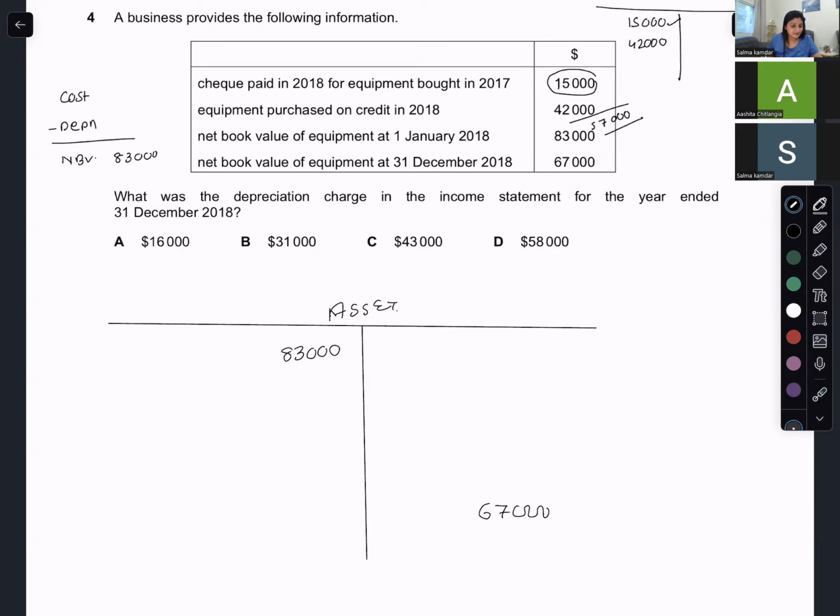So what would be the depreciation charge for the year? 16,000. Sorry, 16 was for the minus. But you have also purchased one asset, right? In 2018 on credit. So I have purchased one asset on credit.